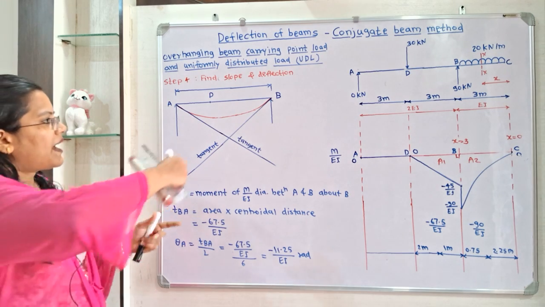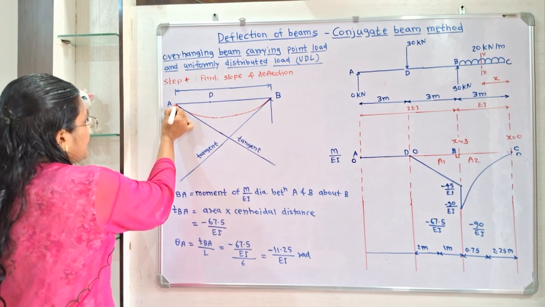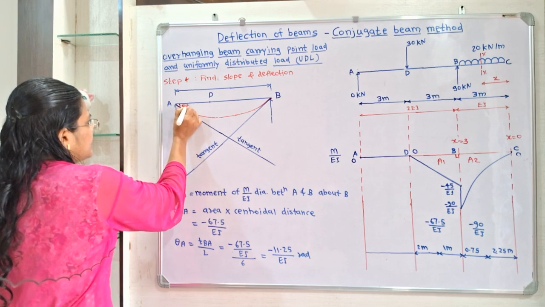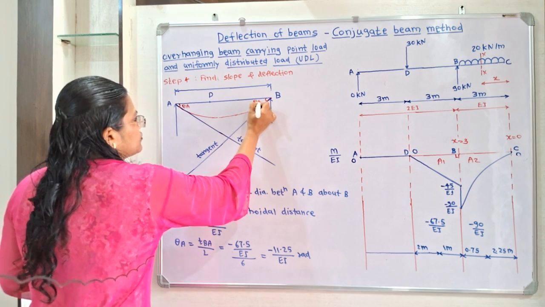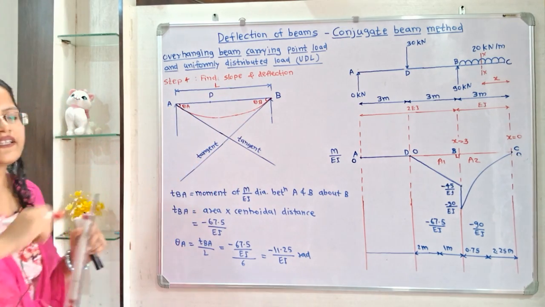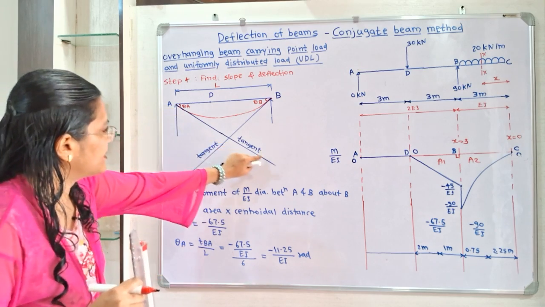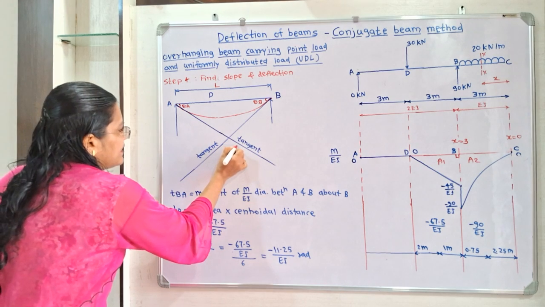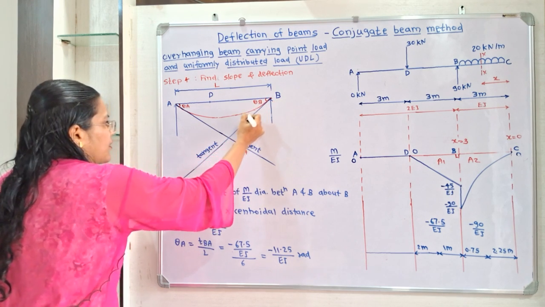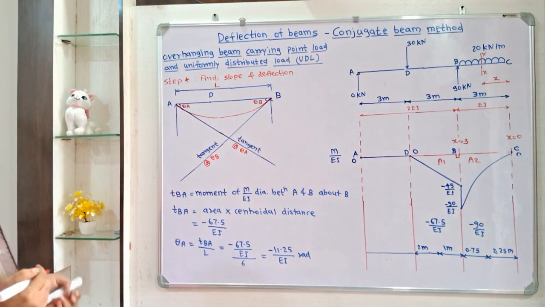Now for this part AB, because of the load at this point D, if we consider the bending of this part AB in this way, then the angle made at A is known as theta A and the angle made at B is known as theta B. Now this whole distance A to B we will say L, that is the length L. Now I will draw the tangent, the slope at this point A. So here is the tangent at theta A. In the same way I will show the tangent at this point B, that is the tangent at theta B.